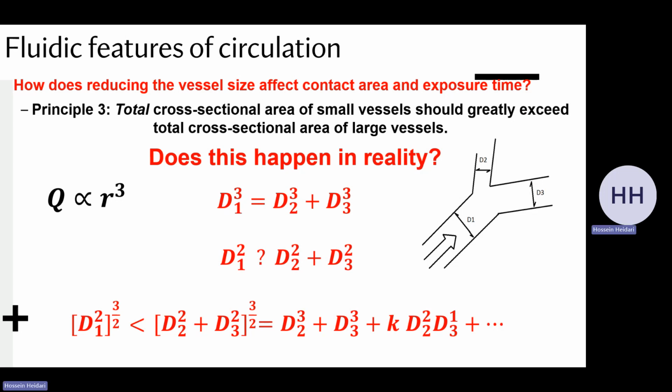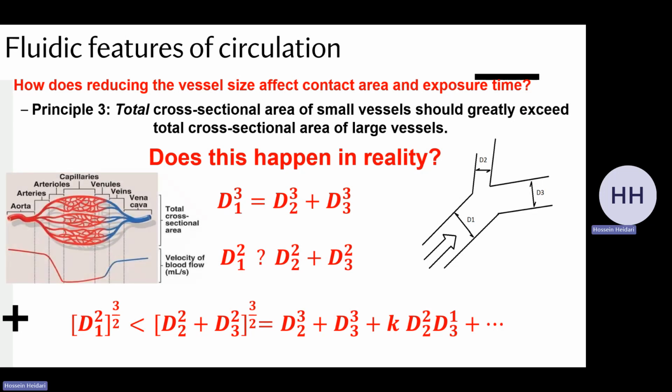So basically what we found is that, working backwards, the cross-sectional area at the outlet side is always going to be greater than the inlet. Meaning that if you expand this to your circulation system, although these are each individually smaller, if you put all of your capillaries together, cut them, and compare it with the aorta, you'll see that they have a greater cross-sectional area.